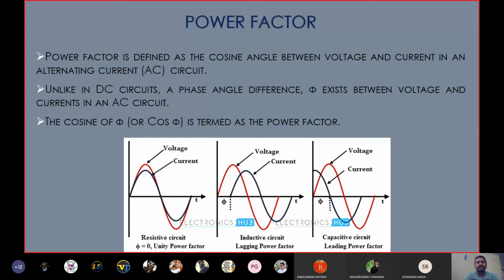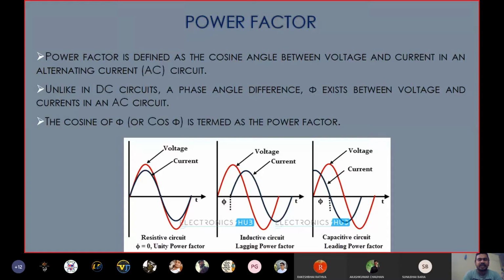Now the second waveform is for the inductive circuit. If the load is of inductive type, then the circuit is of inductive type. In an inductive circuit, current lags behind the voltage by some angle phi.